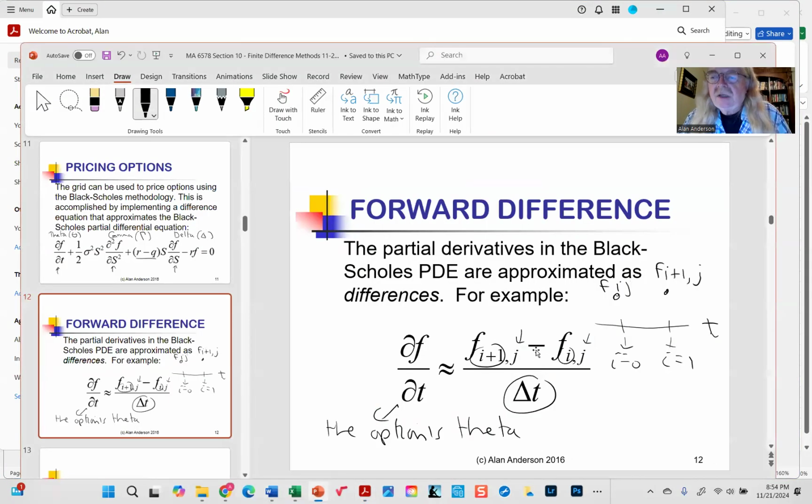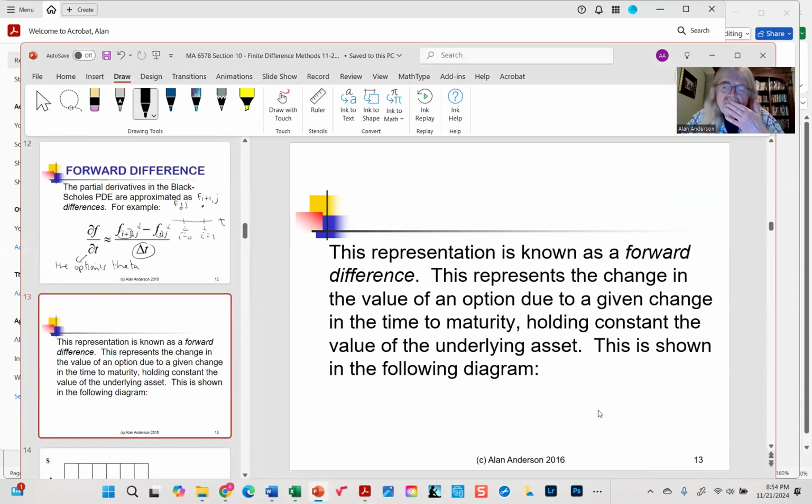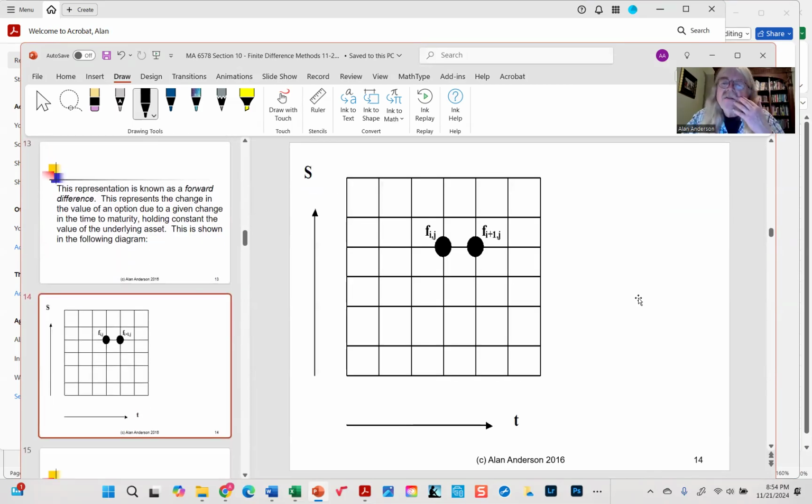Let's see, where were we? Now, this is how we're going to calculate on this grid. Okay, so again, you can see i is the time variable. As we move across from left to right, we want to know how much the option price changes as a result of the change of a single time step. Oh, here we go, this is a good example.